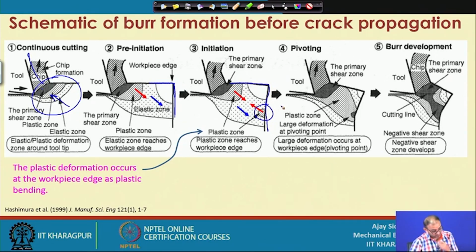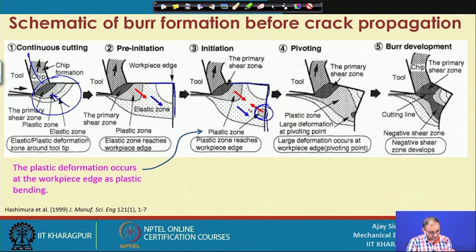That means a plastic zone also occurs here, because whenever you push this material, it starts deforming from the other side. The plastic zone reaches the workpiece edge, and this deformation at the edge is plastic bending. So your workpiece starts bending in this direction, and because of that you again get one more plastic zone at this location.